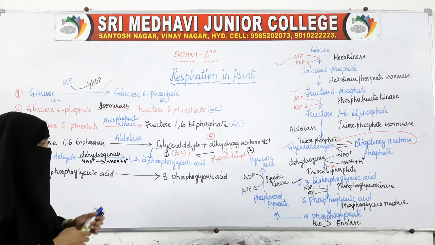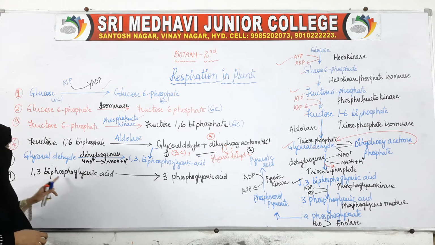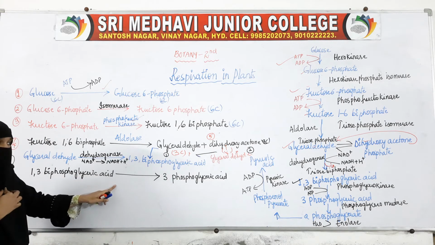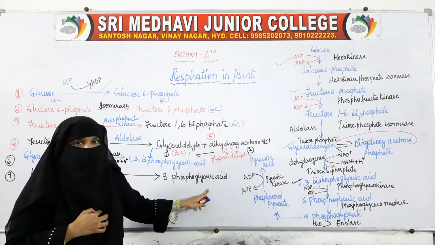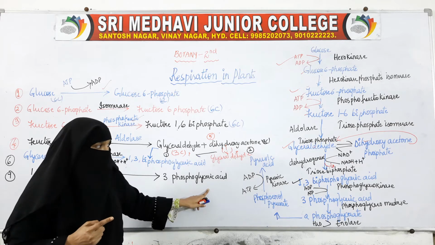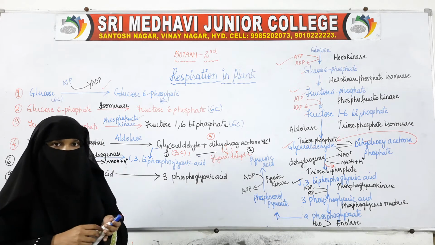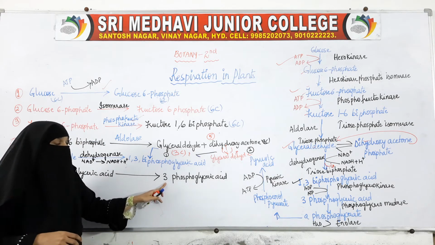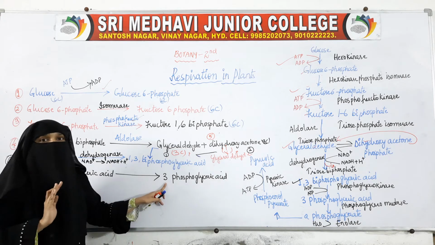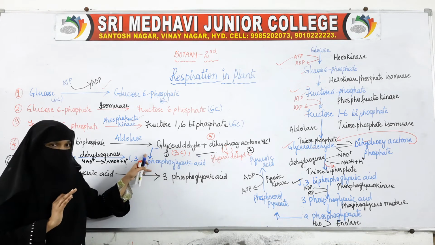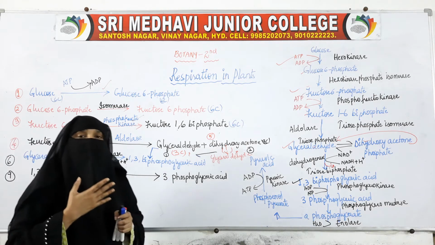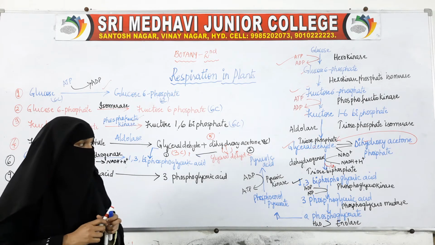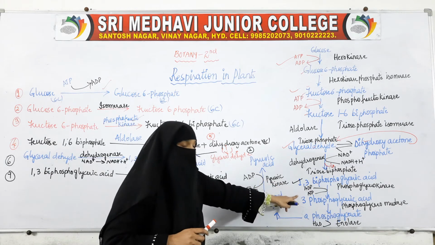So, what is happening here? 1,3-biphosphoglyceric acid is changing into 3-phosphoglyceric acid. Now, what is happening here? Simple. A molecule of phosphate is being released. Here phosphates were attached, and now one of the phosphates is being removed.